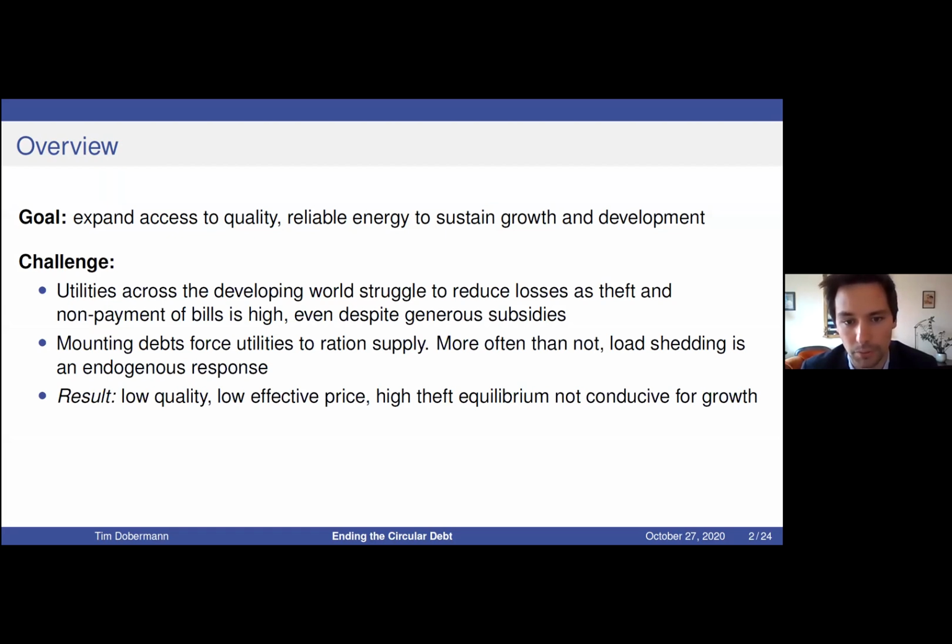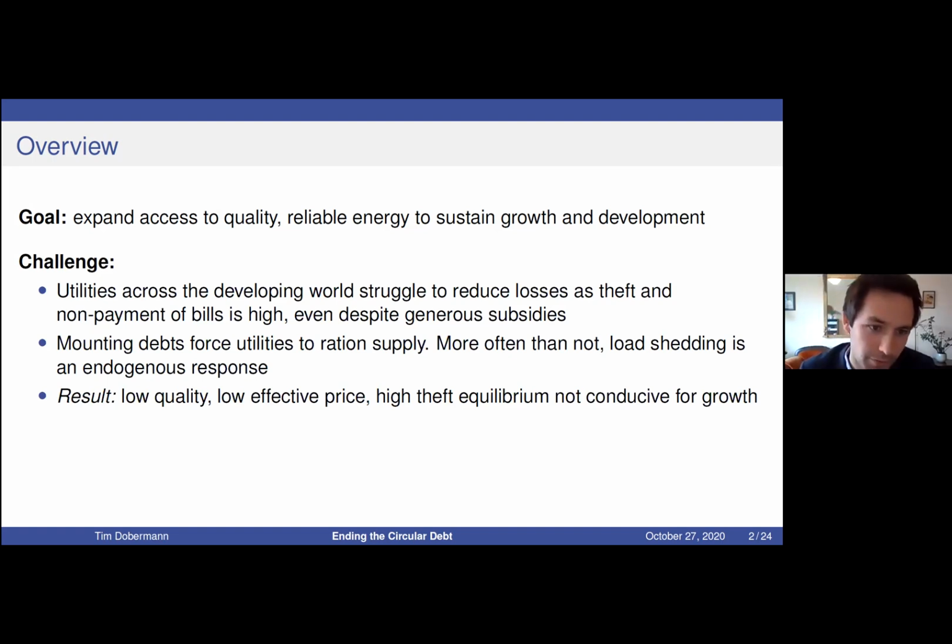And often we attach terms like load shedding or a deficit in generation to the idea that supply or generation capacity isn't high enough, but in reality it reflects a breakdown of the market for electricity. It's a response by utilities to reduce the supply intentionally so as to prevent further losses.